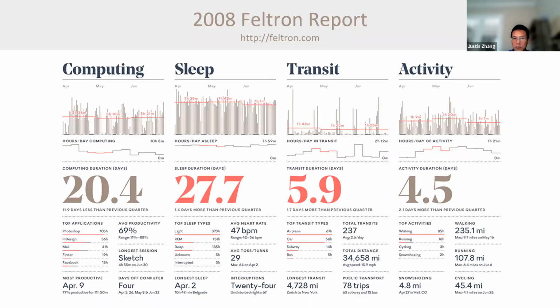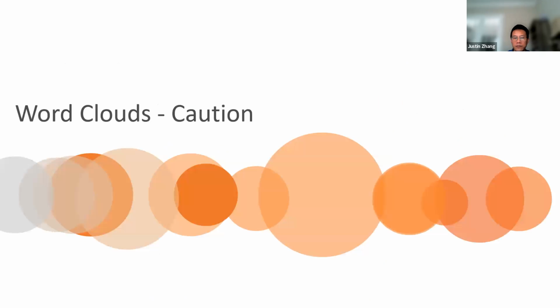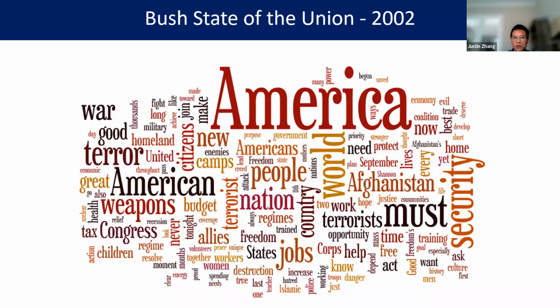So here are some examples of using these 10 principles to improve the efficacy of typography design. Word clouds should be used with caution. They may be effective in delivering the most important keywords and message to the audience, but sometimes they should be used with caution.